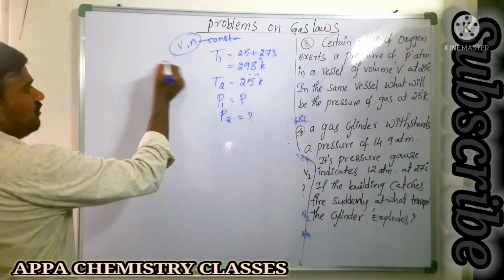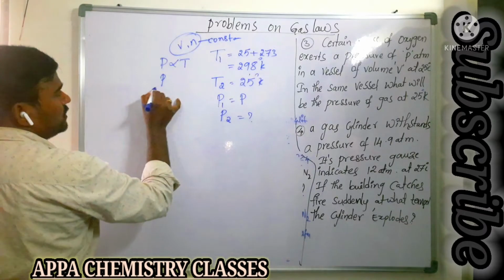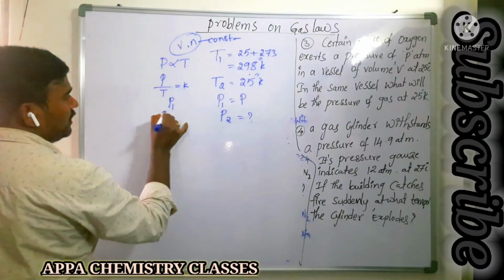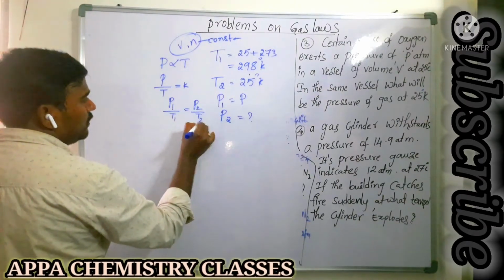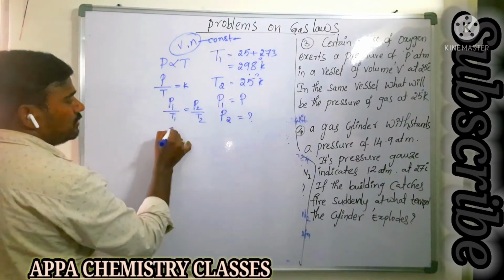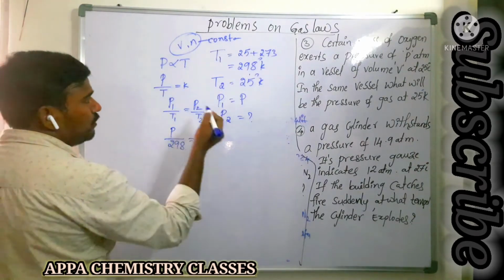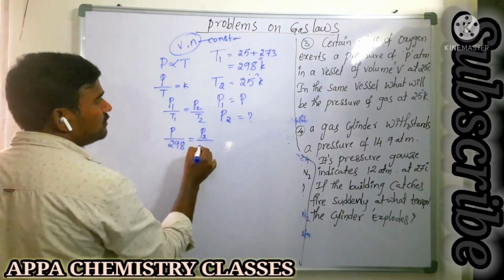Pressure is directly proportional to temperature, P by T is equal to constant. So P1 by T1 is equal to P2 by T2. P by 298 is equal to P2, which we need to find, by T2, which is 25.